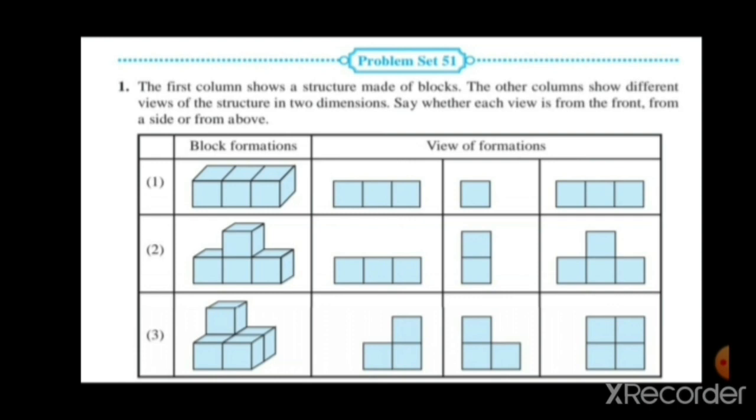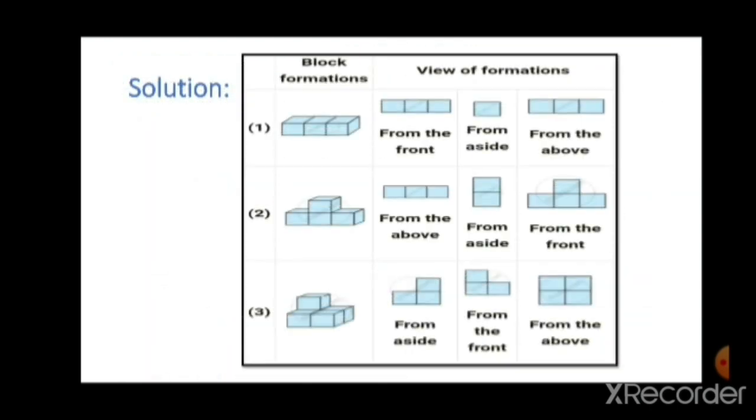So let us come to the solution. Now see the first figure. In the first block formation, they have shown you 3 blocks. So its solution is: the first column shows you the view from the front.